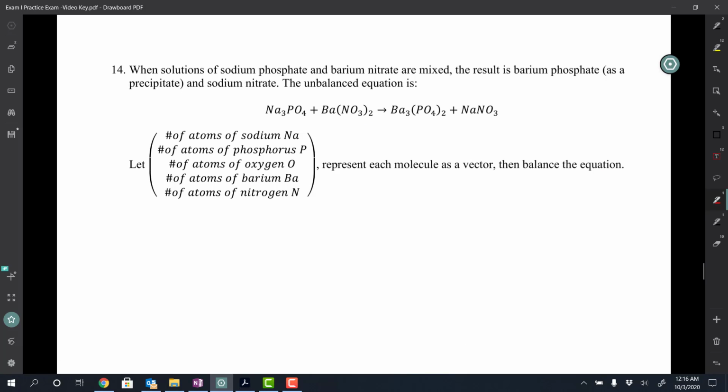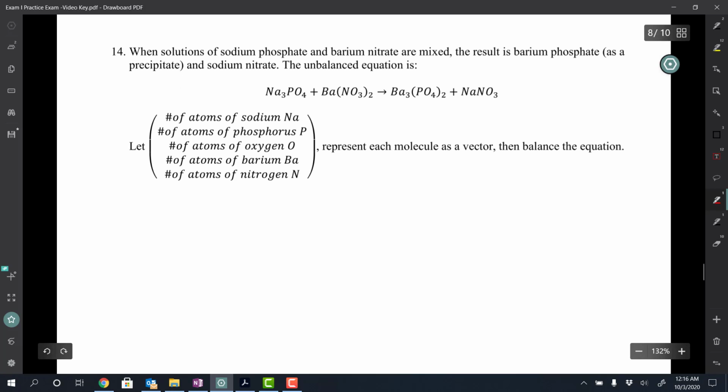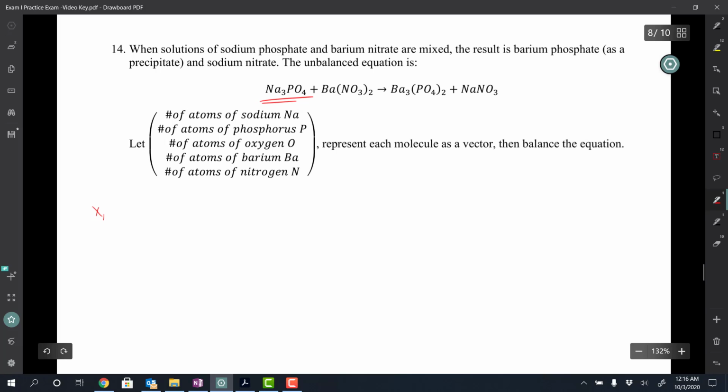All right, question 4 gets us into the application problems. For this first one, the first step is to represent each molecule as a vector and write the associated equation. So in this case, I would have some number of the first molecule, and this first molecule looks like 3 atoms of sodium, 1 phosphorus, 4 oxygen, 0 barium, and 0 nitrogen.